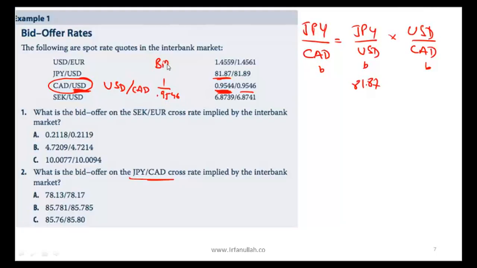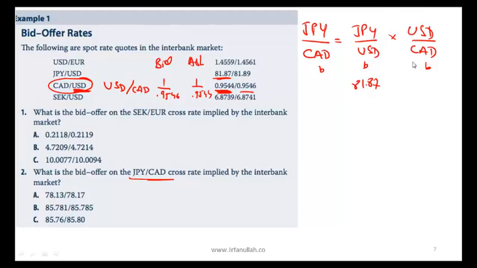That becomes the bid for the Canadian dollar. And what's the ask? That's the reciprocal of 0.9544. My advice to you on this is justify this to yourself once and then memorize it so you don't need to keep thinking about it, because there are enough other things to think about. So just convince yourself once and that's how it works.